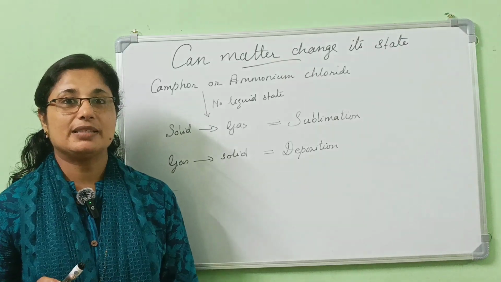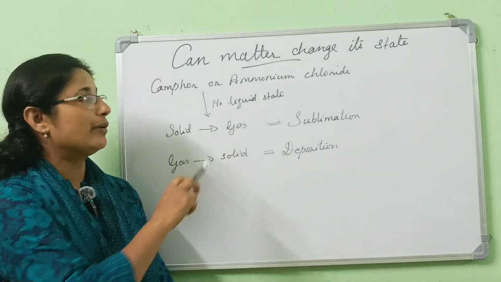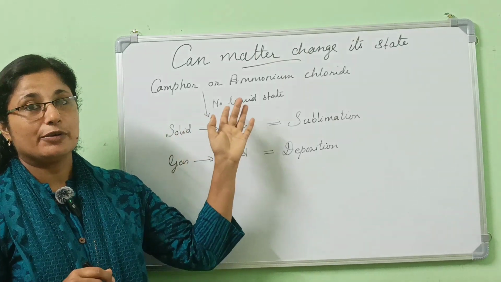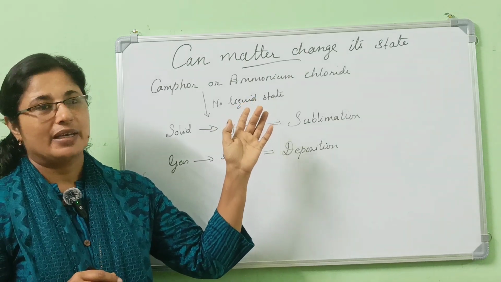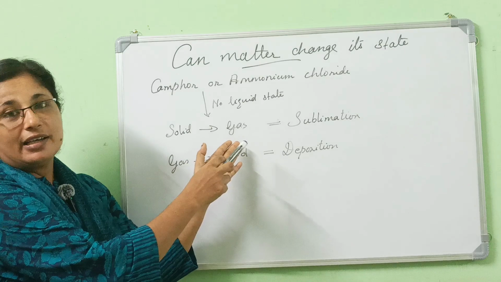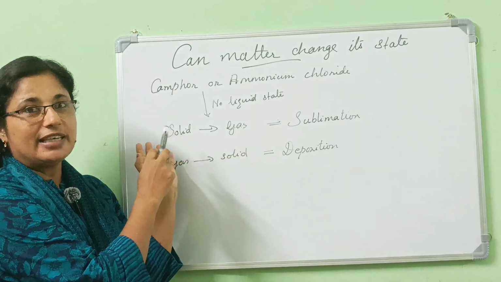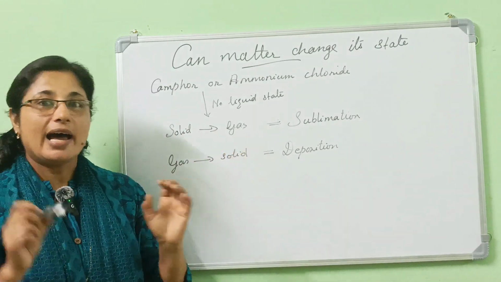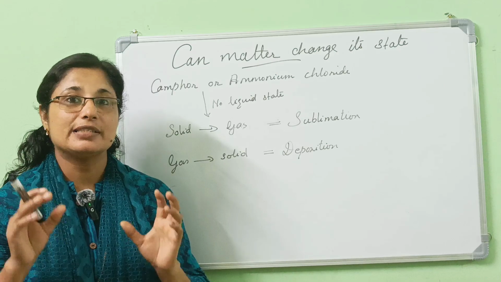But some substances like camphor or ammonium chloride don't go through the liquid state when heated. Instead, they change directly from the solid state into the gaseous state, and this process is called sublimation.